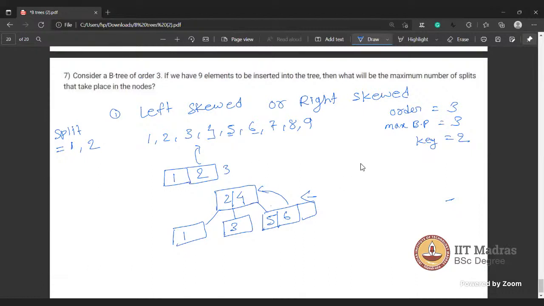The intermediate node will be 4, 6, with leaves 1, 3, and then 5, then 7. So this will split up, and this will also split up.